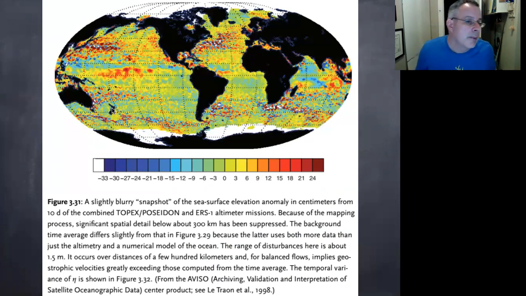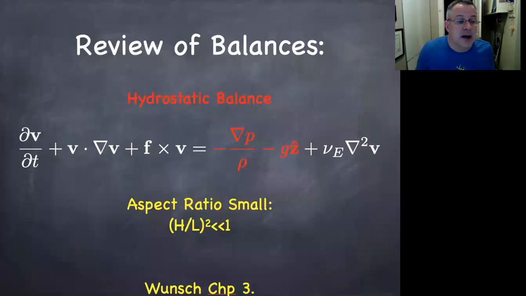We're going to spend a lot of time thinking about this, but where we're really going to be able to make progress is in the time mean, because these little eddies don't have a simple equation that governs them. They all have lots of nonlinearity in their momentum equation, which makes them too hard to solve without a numerical computer.